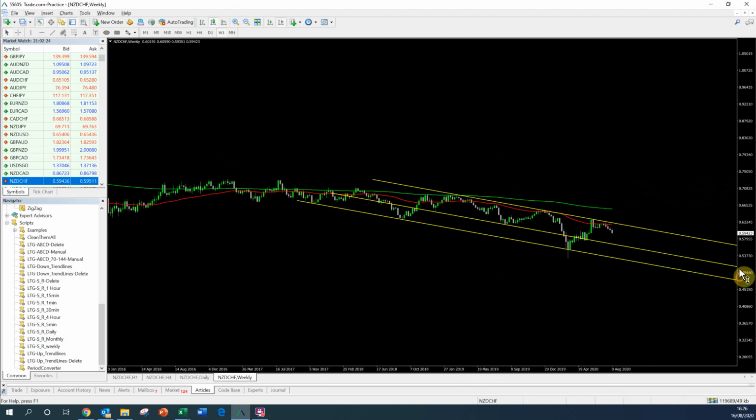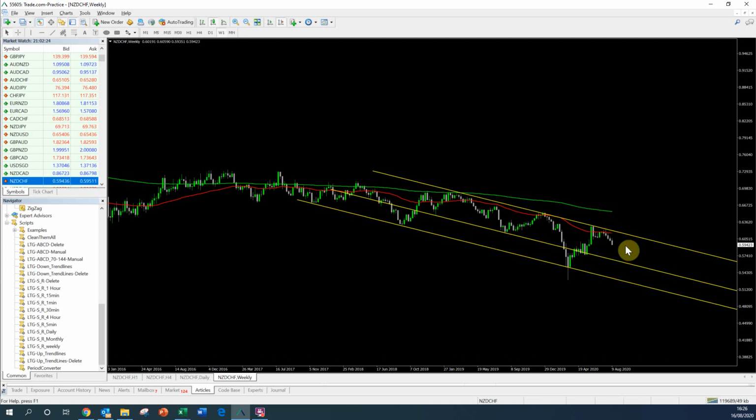So a few weeks ago, we had that rejection off of the 50 moving average, and in the past 3-4 weeks, we've seen some really nice downwards momentum going towards this channel support line.